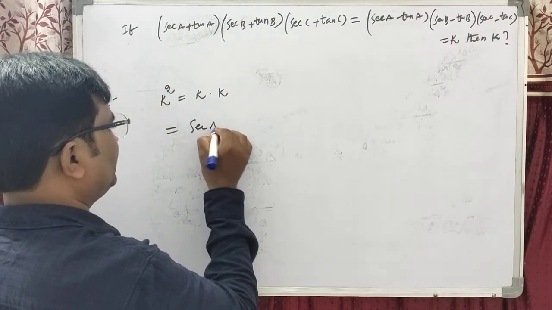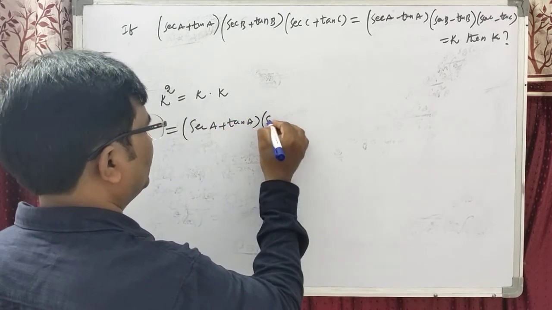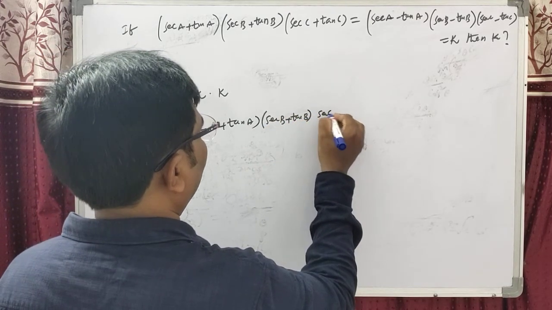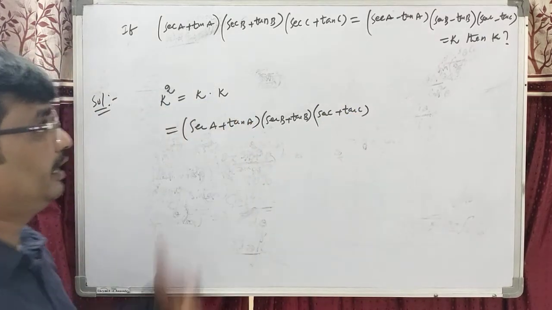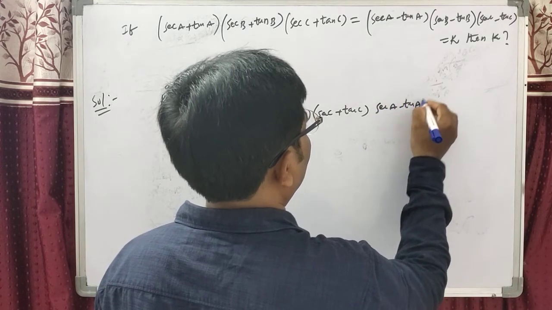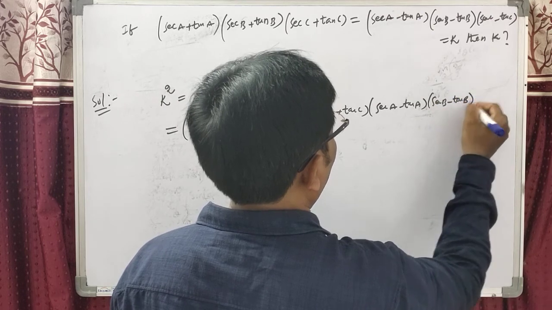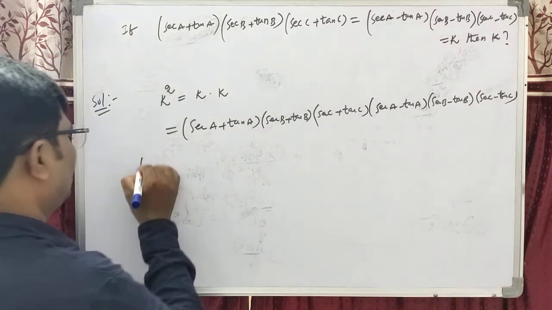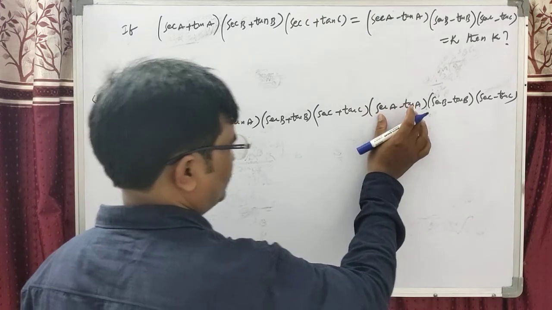First one K is secant A plus tan A, secant B plus tan B, secant C plus tan C. And the other K is secant A minus tan A, secant B minus tan B, secant C minus tan C. Now, students, a plus b into a minus b is a square minus b square.